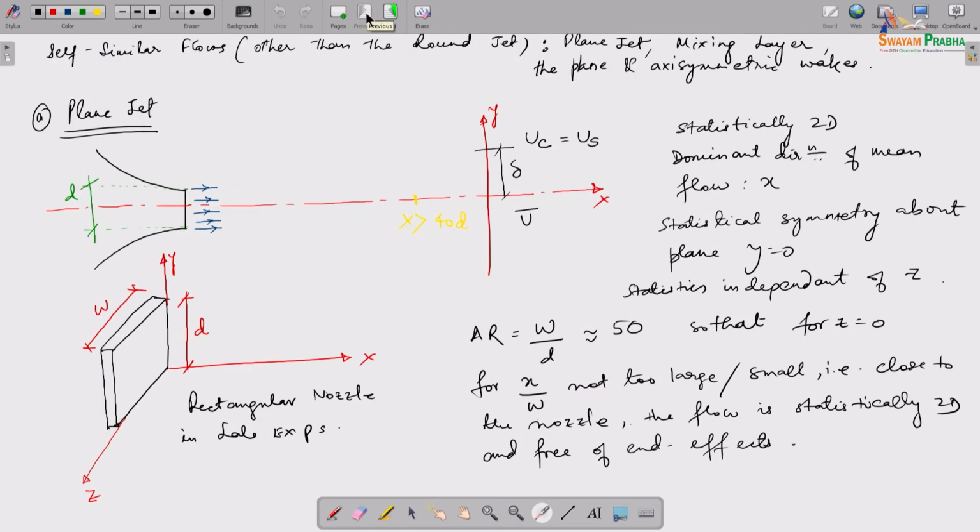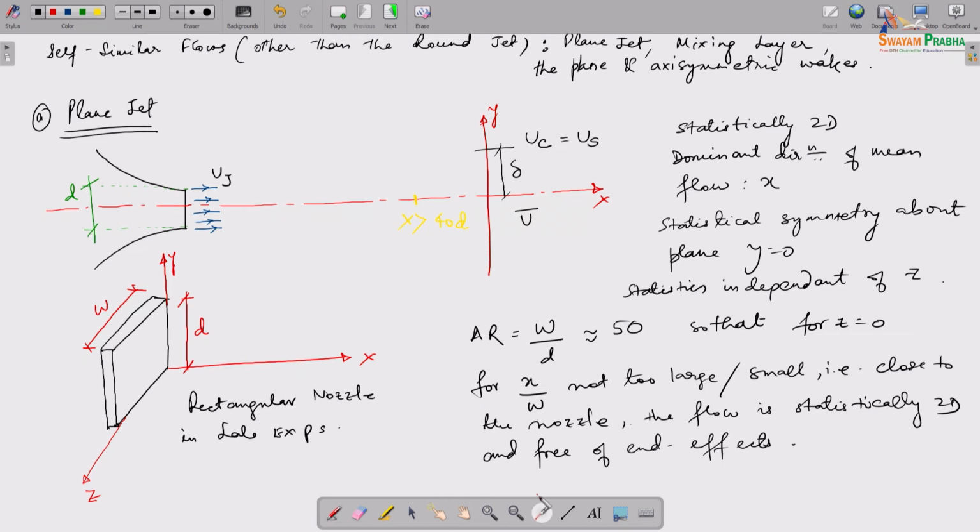Now think about this. We have the plane jet, right? So you see the jet which has come out, and we can write the jet velocity with which it comes out.